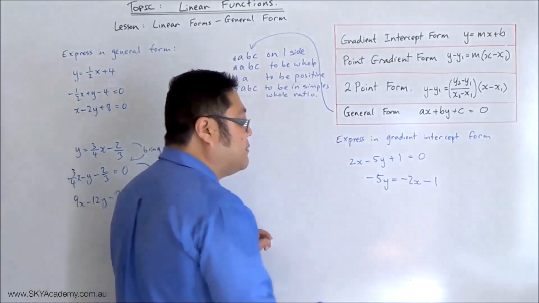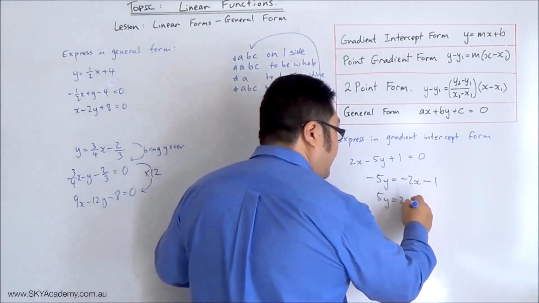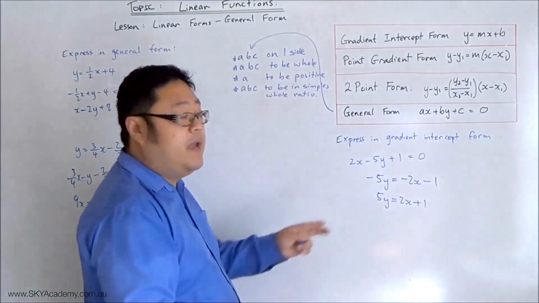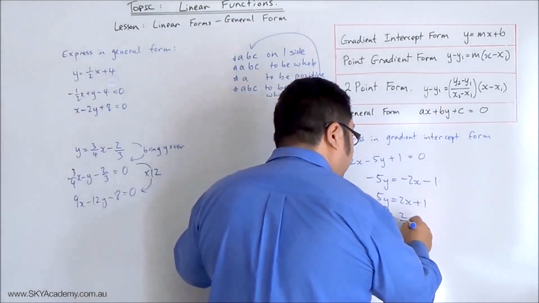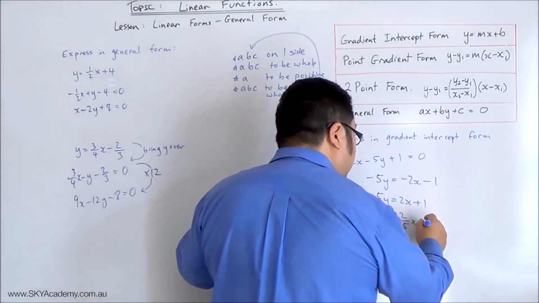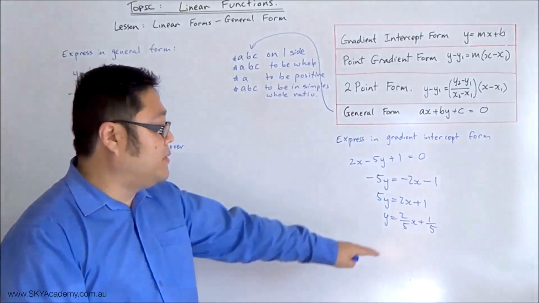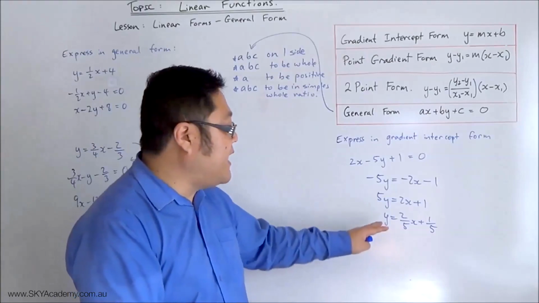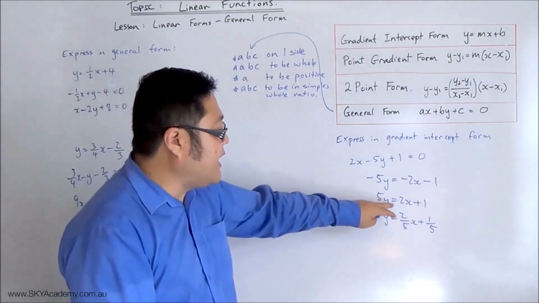We can multiply everything by minus 1 now, so it's 5y is equal to 2x plus 1. Then divide everything by 5. y is equal to 2/5 x plus 1/5. And we did that by dividing everything by 5.